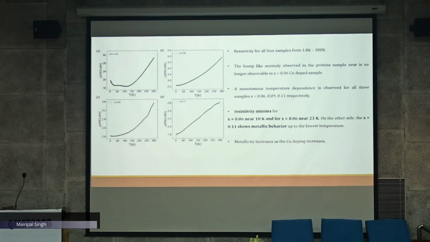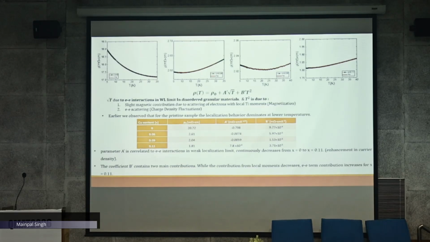To confirm that we have intercalated the copper, you can clearly observe that the pristine system has a localization behavior below 35 Kelvin, and as we increase the copper concentration, the localization disappears and we observe a monotonic metallic behavior in the sample.